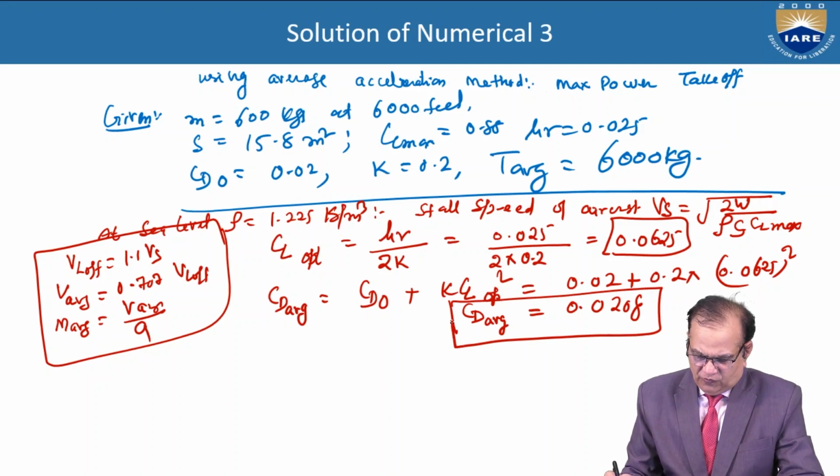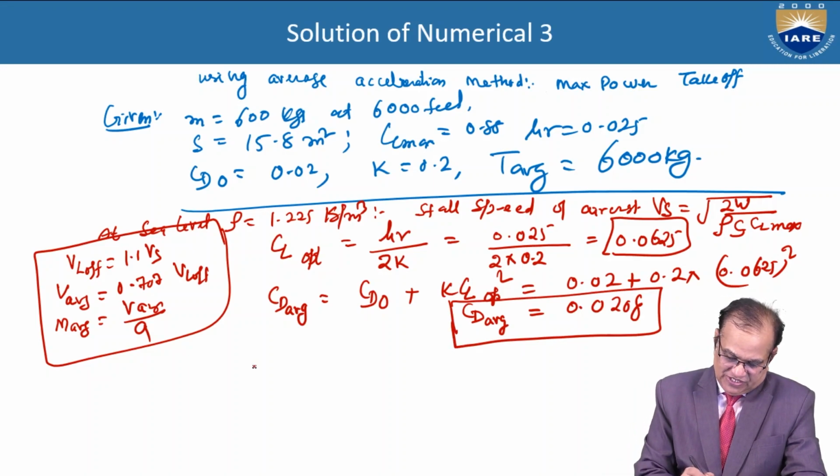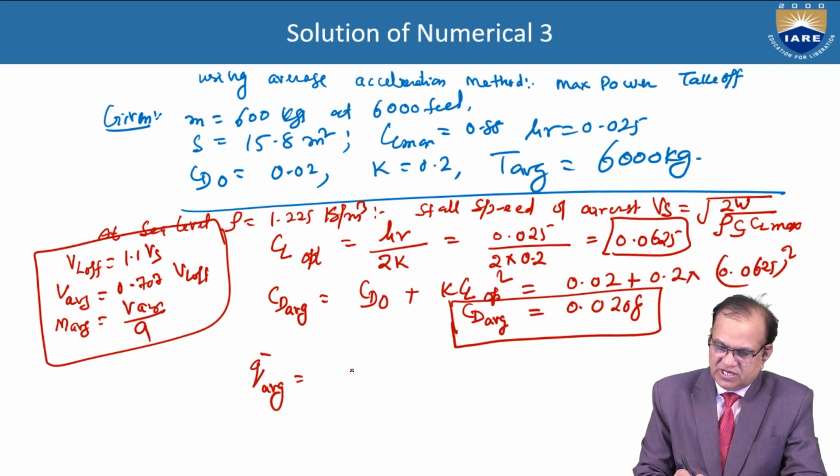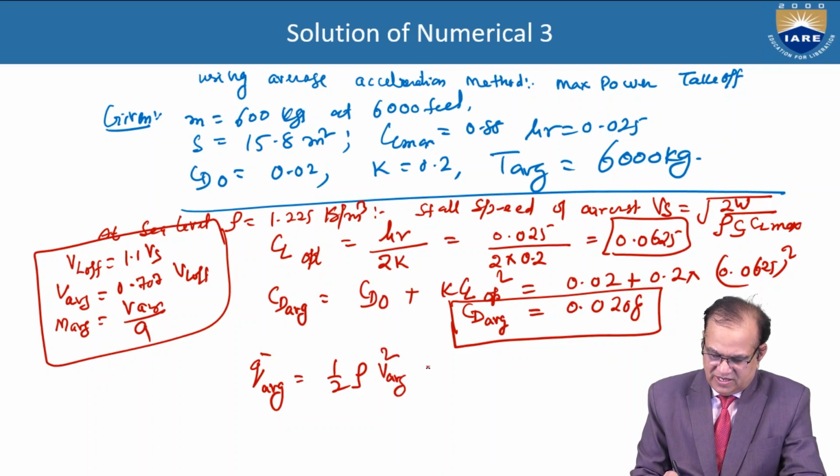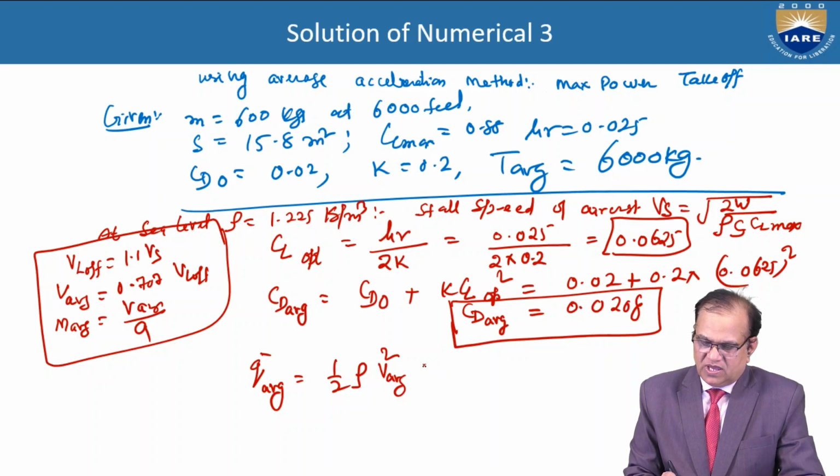So now we have to find out the Q average. Dynamic pressure average is equal to half rho V square average. So we can find out by putting the values here.